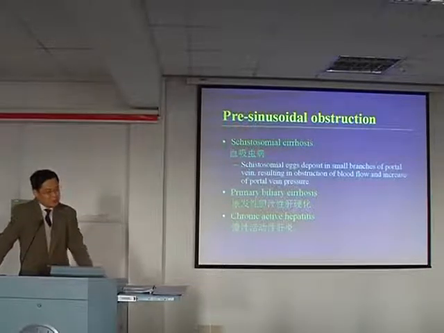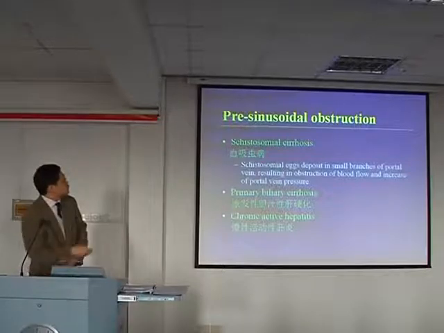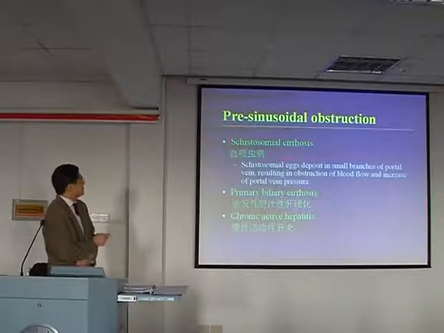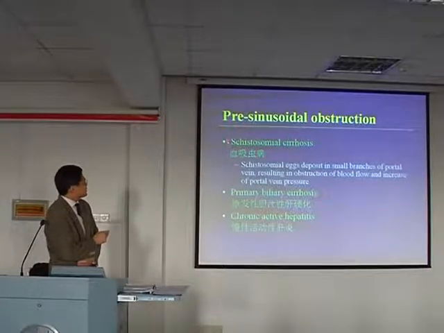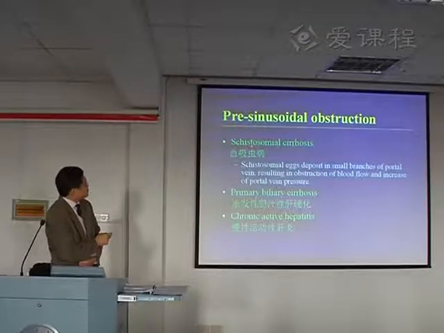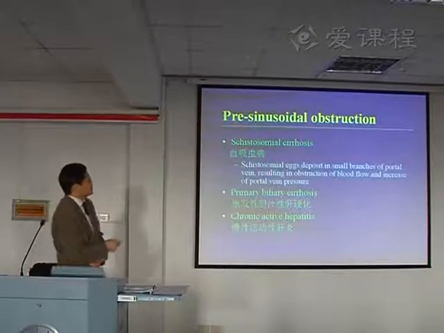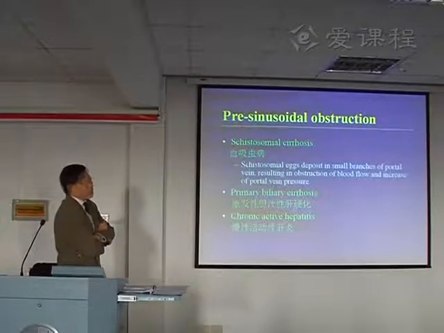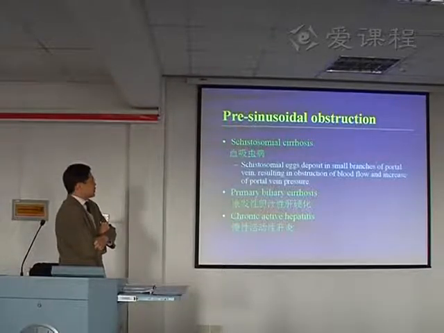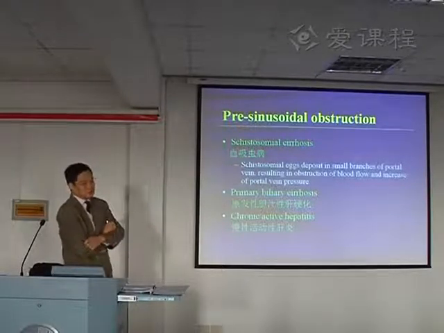The first, pre-sinusoidal obstruction, an important disease caused by schistosomal cirrhosis. Schistosomal eggs deposit in small branches of the portal vein, resulting in obstruction of blood flow and increased portal vein pressure.